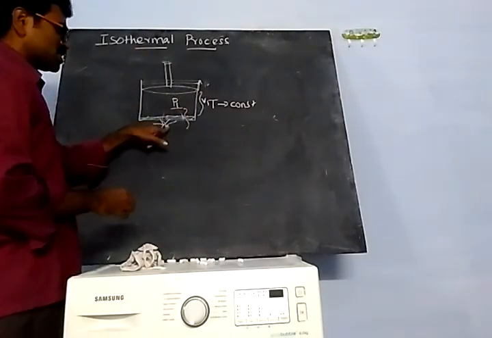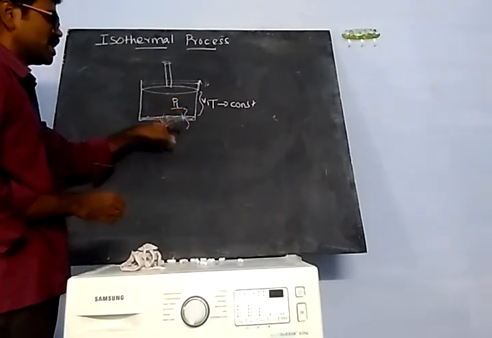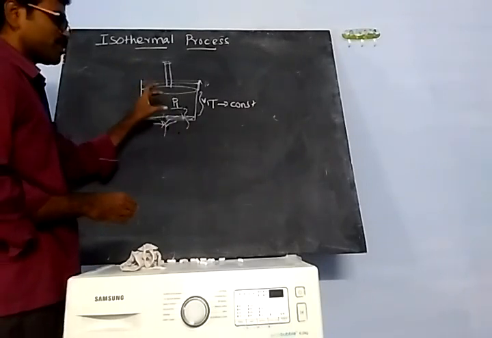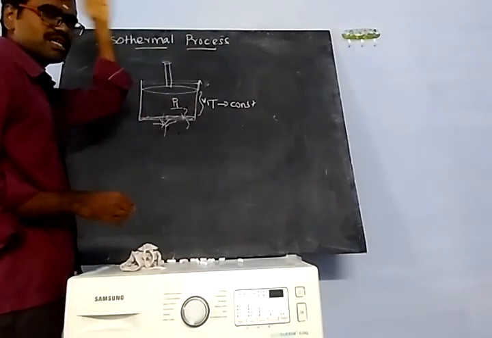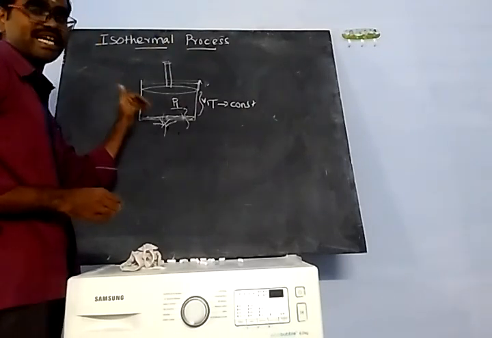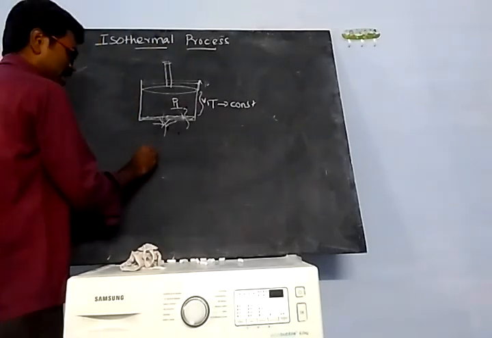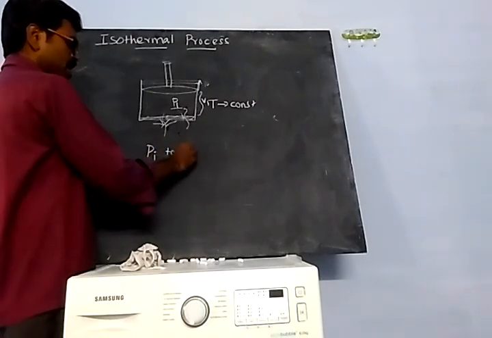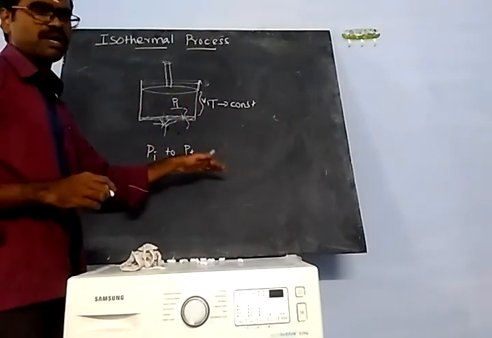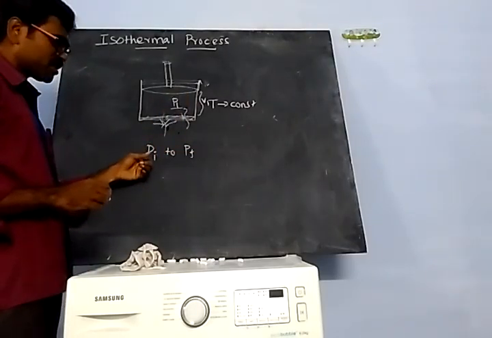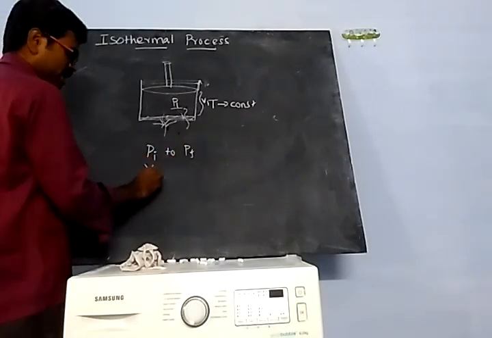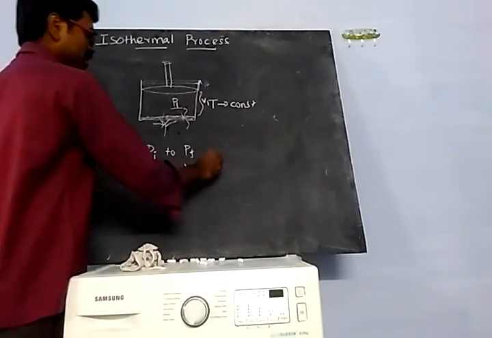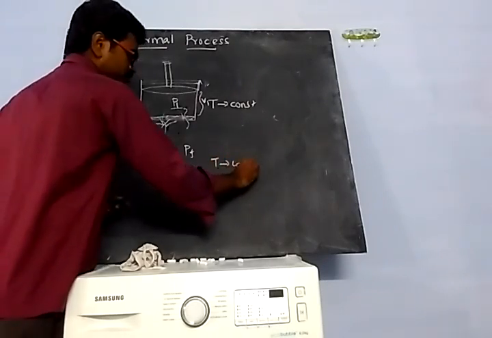You give some amount of heat energy, and the volume increases. Volume increases means pressure will decrease. So the pressure changes from the initial pressure Pi to Pf and the volume changes from Vi to Vf, but the temperature is constant.